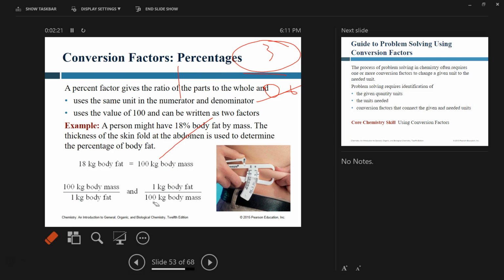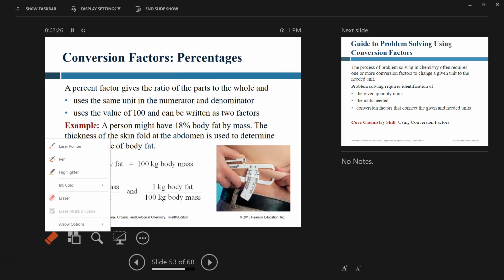Now, let's talk about it a little bit more. What if you have another question? For instance, you have a class of 20 people. And I tell you that out of these 20 people, 7 are females. What percent of females do you have in that class? Well, you have to divide 7 by 20 first, right?